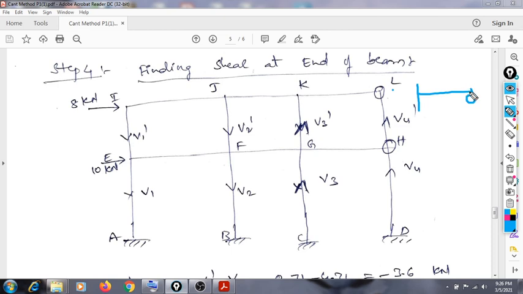If it is a prop, we call it a propped cantilever beam, and if there is a top load from here, there must be some shear. But here there is no load at the end. So the shear at the end must be 0 here, then only the problem is said to be correct. So whenever we are finding the shear at the end, we have to take this.